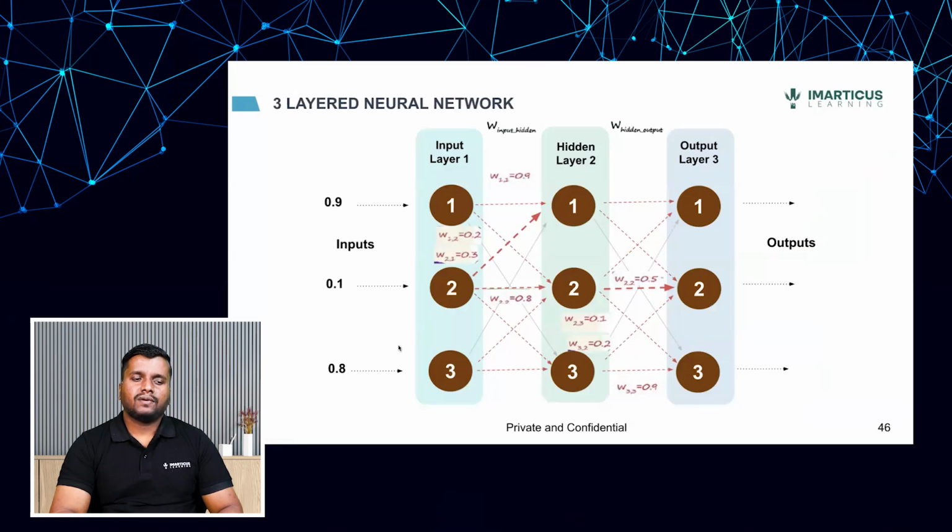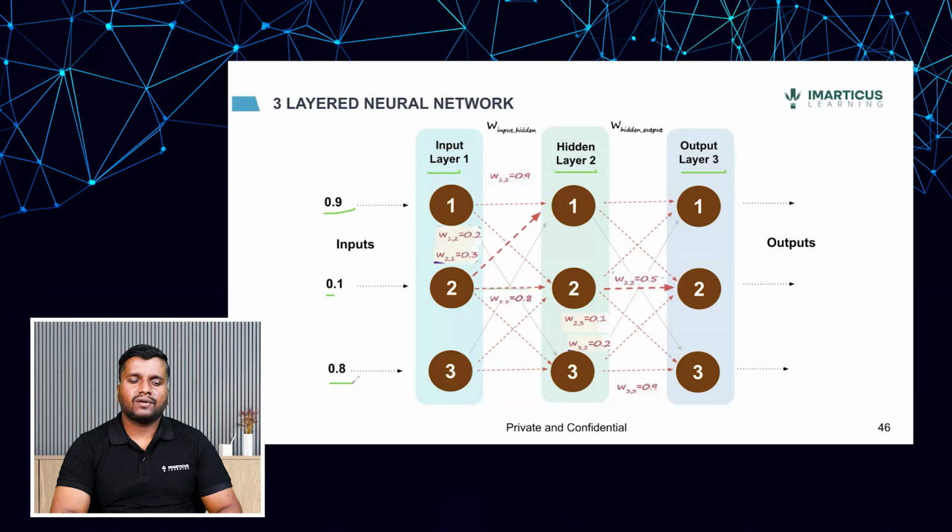Now, we will talk about a three-layered neural network, as we can see here. In this neural network, we have three layers. First is the input layer, then we have the hidden layer, and then we have the output layer. Now let us try to understand what is happening in each of these layers at the neuron level. At a neuron level, you can see there is an input coming to neuron 1 as 0.9, 0.1 and 0.8.